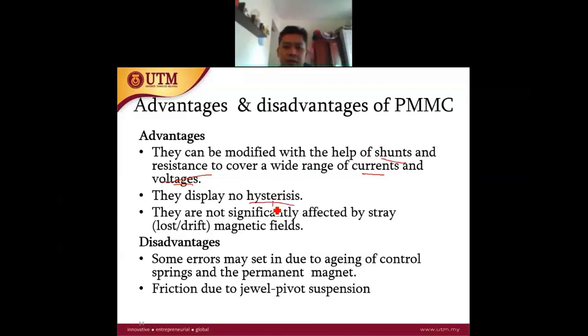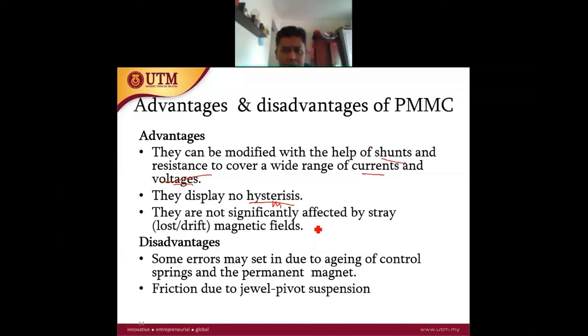Hysteresis, as mentioned in the terminology, is the deviation of the exact output from the expected output. Basically, in ideal conditions, they don't exhibit that characteristic.